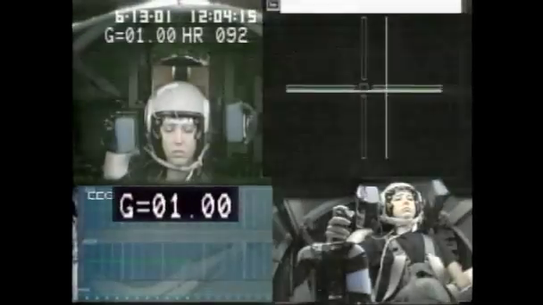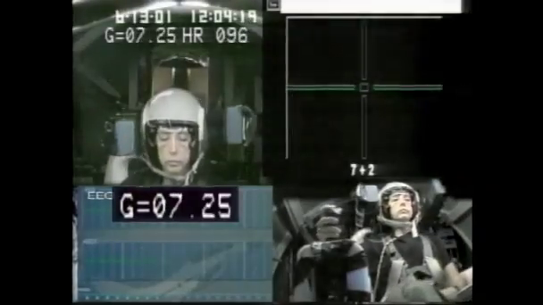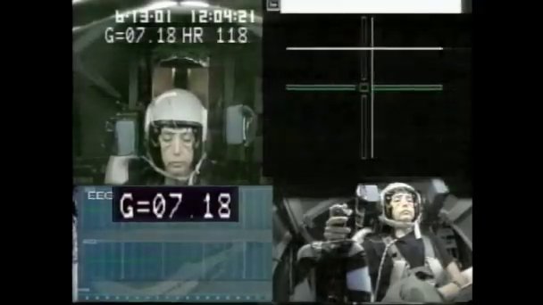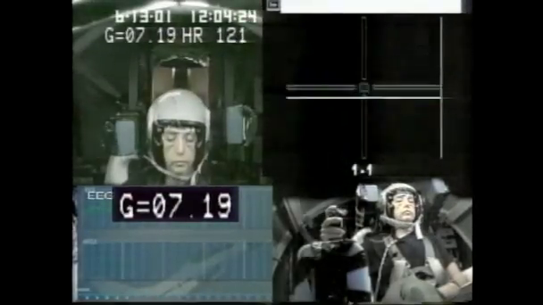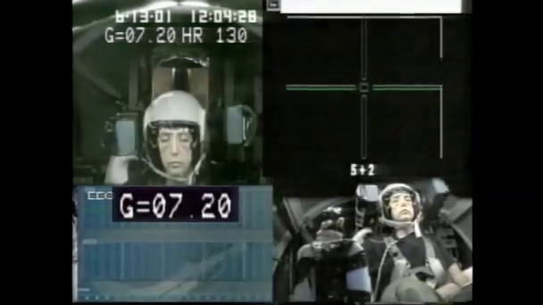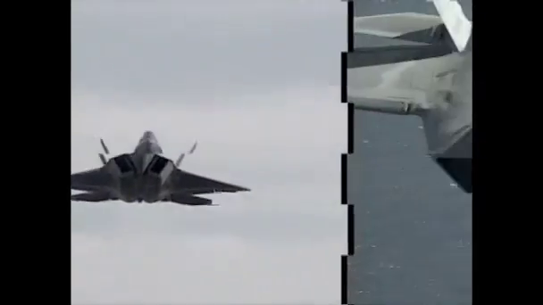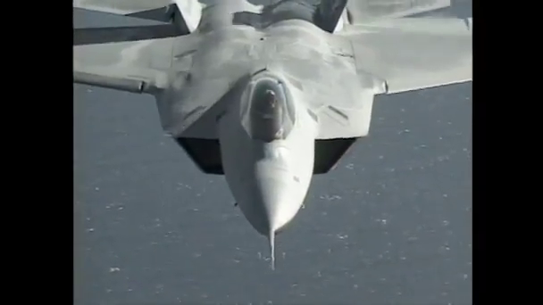The progression of symptoms from grayout to blackout and then to G-lock can occur very quickly depending upon the G onset rate. Having a high rate of 7 Gs per second, one can experience G-lock in about 4 to 7 seconds. Today's very maneuverable high-performance aircraft can achieve very high G onset rates.